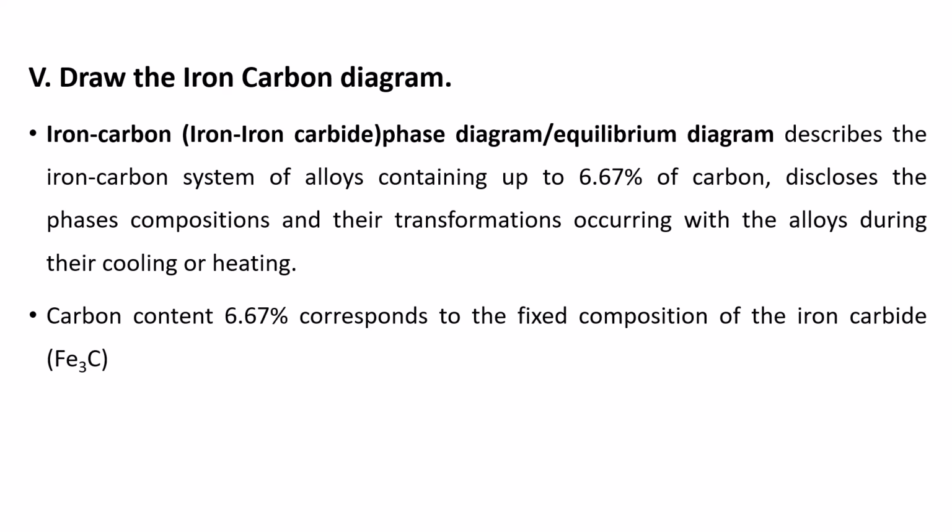It is called a phase diagram because we can see the different phase changes occurring in the cooling process at different compositions. It is called an equilibrium diagram because cooling is at a slow rate, so it passes through the equilibrium states.